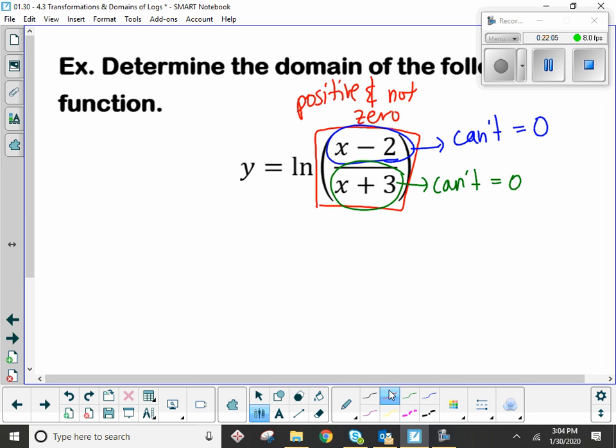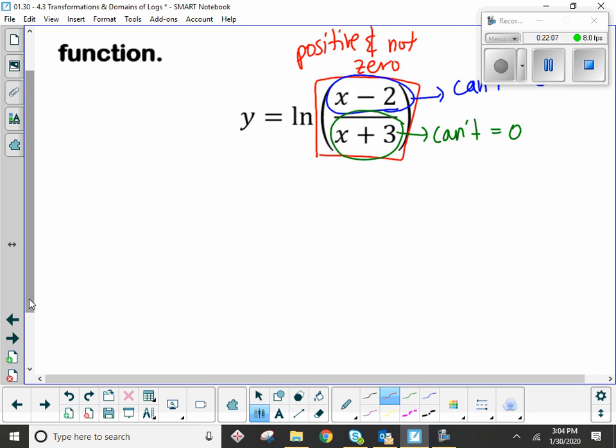So here's where we begin, with the excluded values. We set the top equal to 0. By the way, technically I don't have to do that. It's really easy. What number makes the top 0? 2.